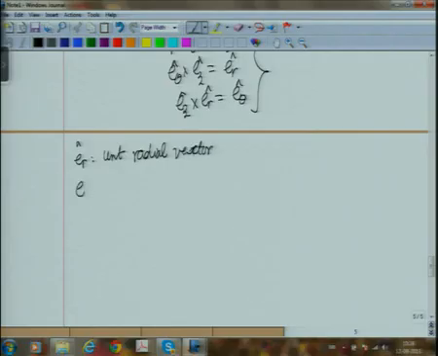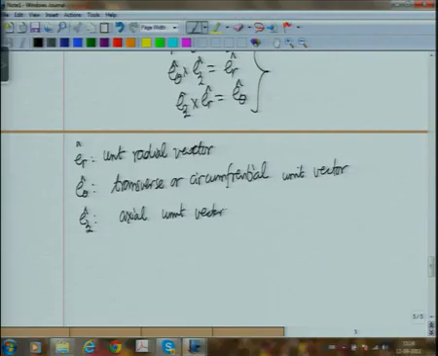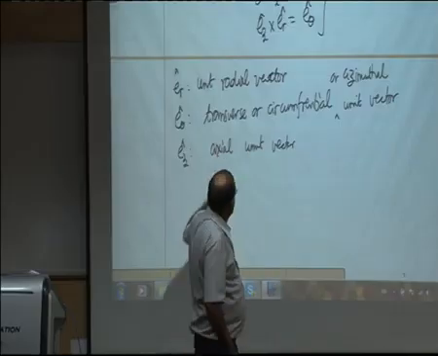E theta is referred to as the transverse or circumferential unit vector, and Ez is referred to as the axial. There is another name we give to E theta, sometimes it is also referred to as the azimuthal unit vector. So, these are different names for ER, E theta and Ez.